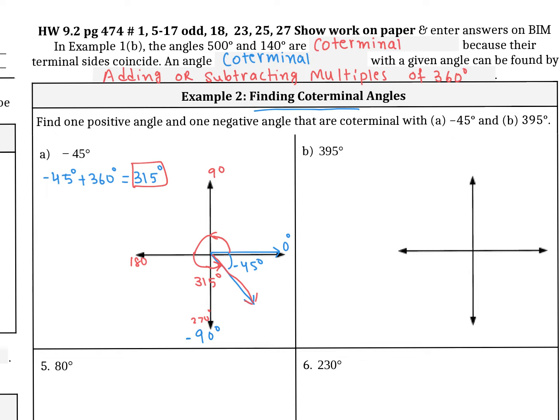We already said that we can find these by adding or subtracting. Now the other one we can find is by subtracting. So negative 45 minus 360, and that angle would be negative 405. Now if we graph it, it is going to give us the same terminal. How is that?